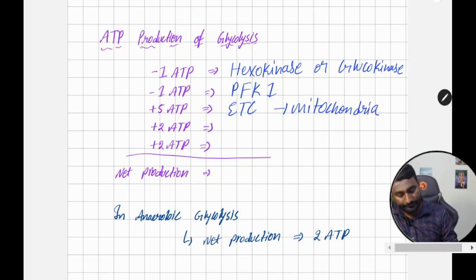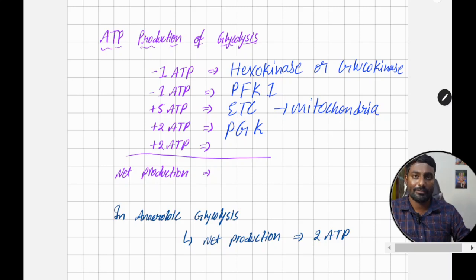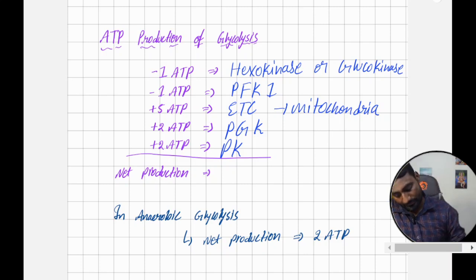Now there are two substrate level phosphorylations happening at the step of phosphoglycerokinase and pyruvate kinase. Got it? So if someone asks what is the net production of ATP in glycolysis, you tell the answer by doing the simple calculation.